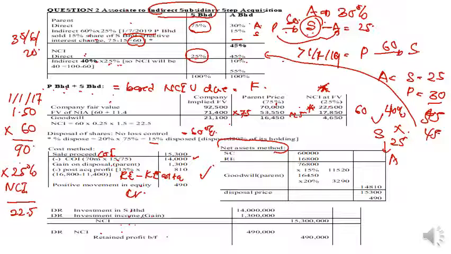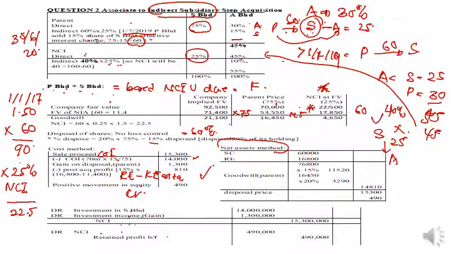Okay, so in A, P has 30%, which is considered an associate. Indirect from S here is 15%, so altogether P has 45% in A. And then for the NCI here, direct in S is 25%. In A it will be 45% here. Where do you get this 45%?